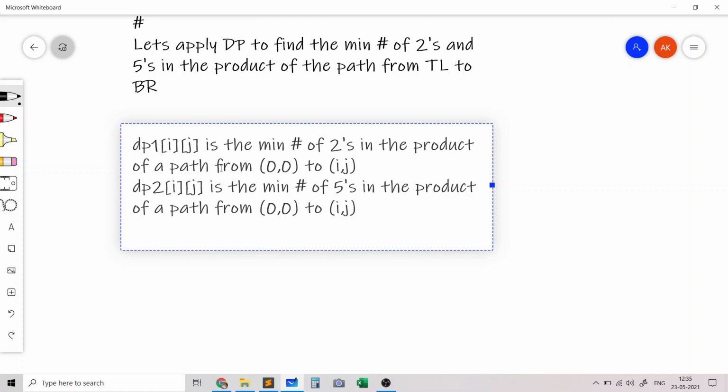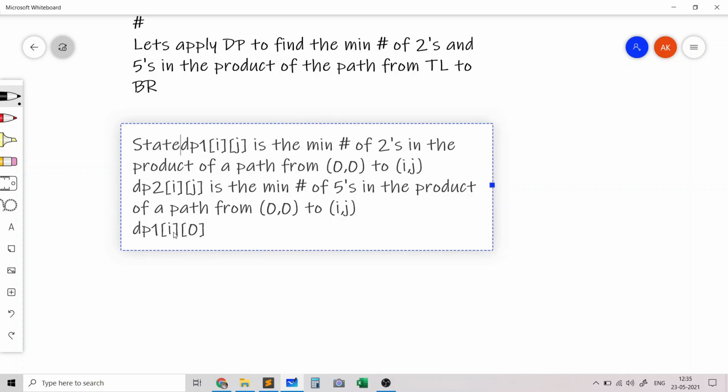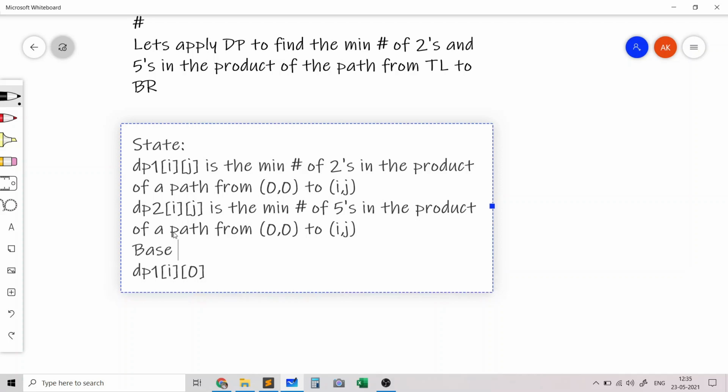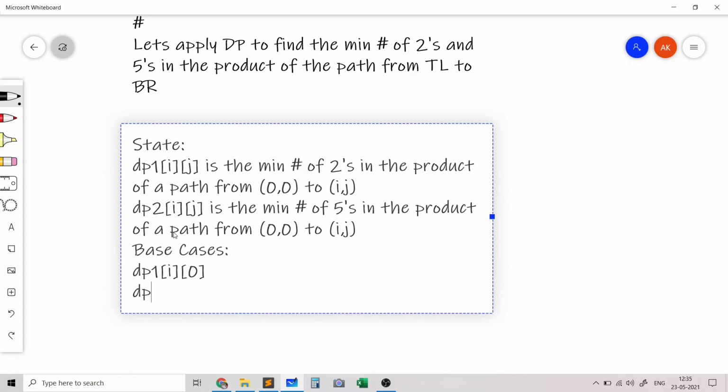Now, how do we compute the dp value? So the dp state is fixed for all grid dp problems, and the dp base cases are also fixed in the sense of how you will compute them. So this is the state, and the base cases are dp1 i0 and dp1 0j. So dp1 i0, when we are trying to compute the value of dp1 i0, notice that the column number is 0 and the row number changes.